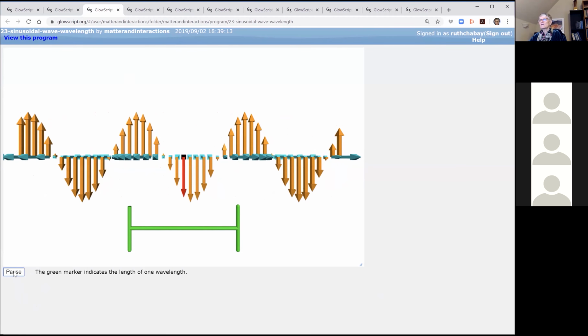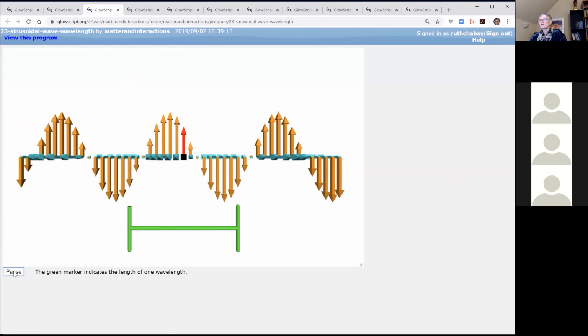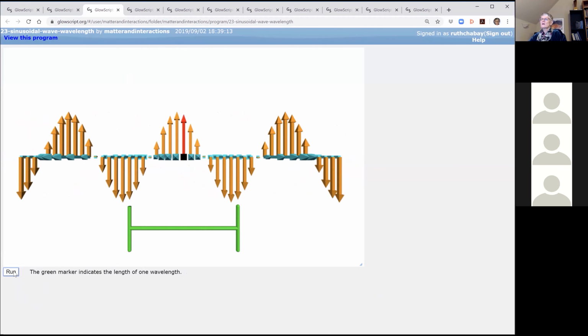So that what's called the wavelength, and I've paused this sinusoidal wave so we can look at it. The wavelength is defined as the distance from one peak to the next peak, or one dip in this case to the next dip. So this green marker here is the wavelength of the radiation here.